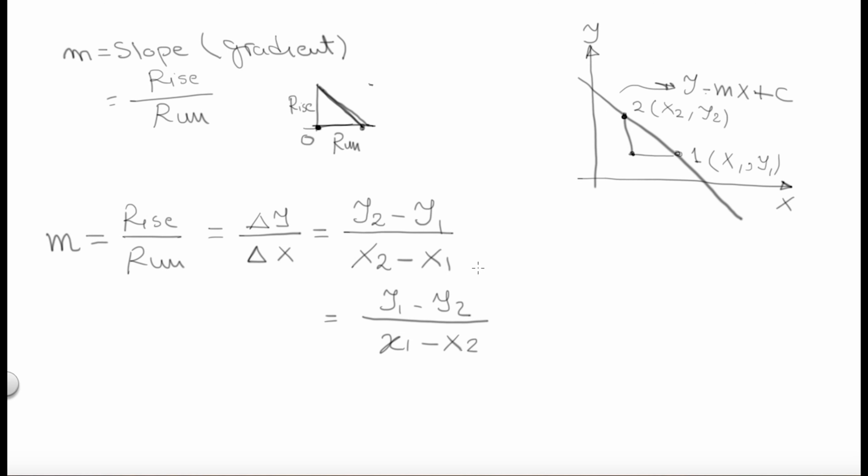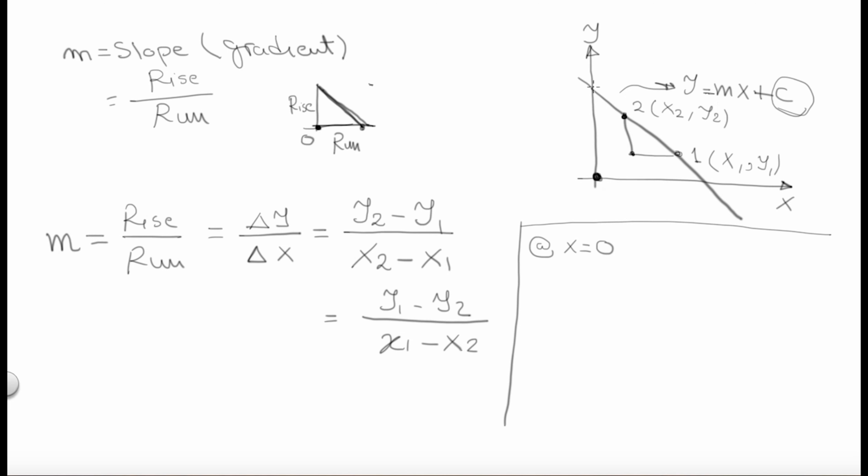Okay, and what about c? Because we have y equals mx plus c. Okay, I will do a small thing and we will realize at the end what c is. What if we put x equal to 0? What is the meaning of x equal to 0? That means here.